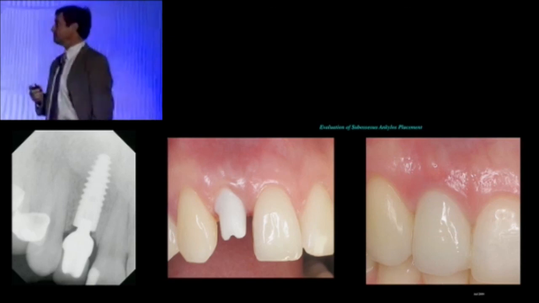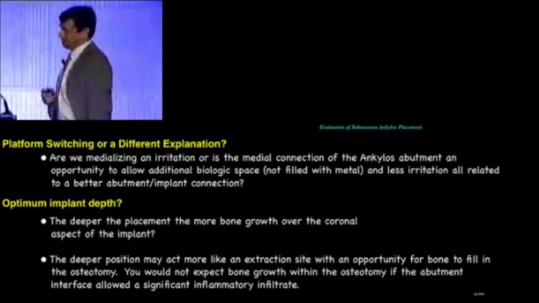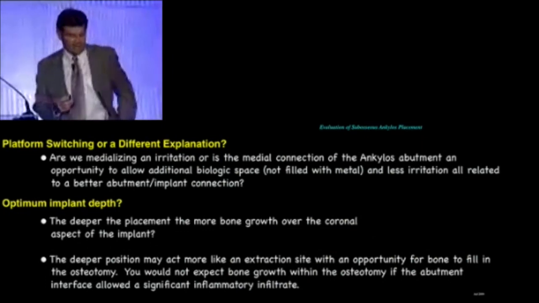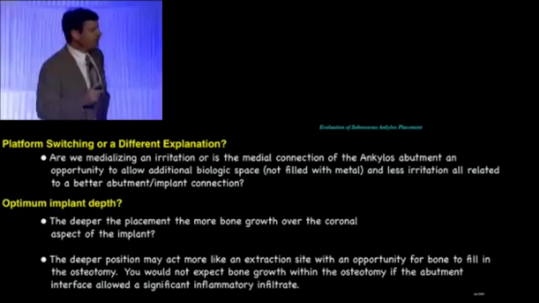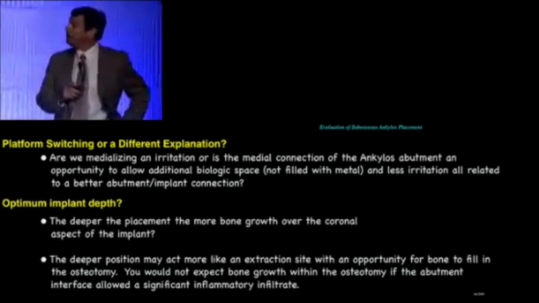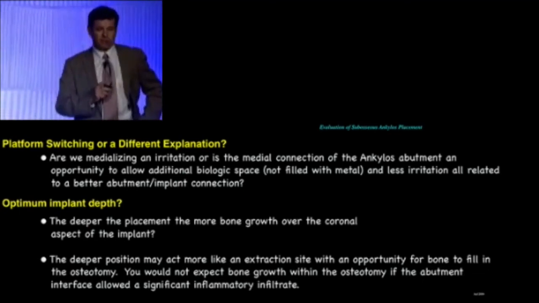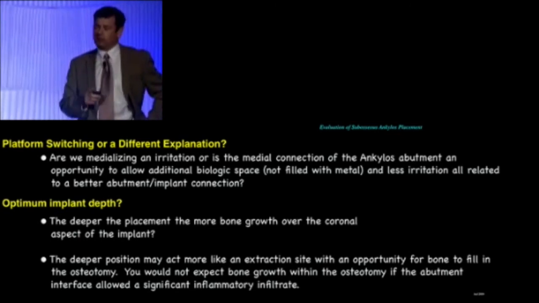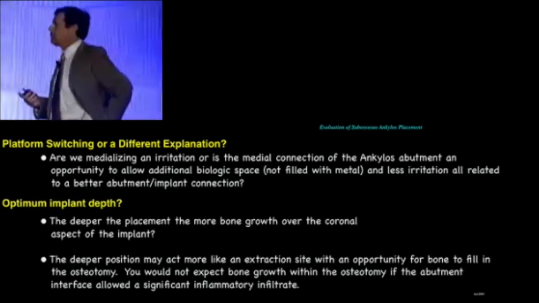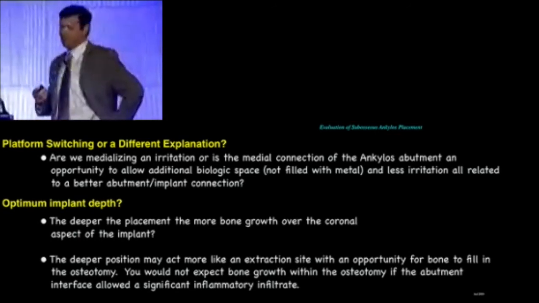True story. So anyway, we've talked a lot about platform switching today, and I have a little point on that, and I don't really know if you're dealing with an ankylose design with the type of connection, the coated top of the implant, that this is really platform switching.